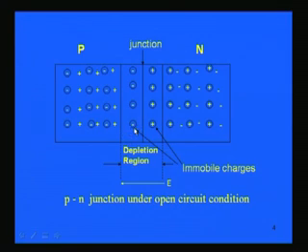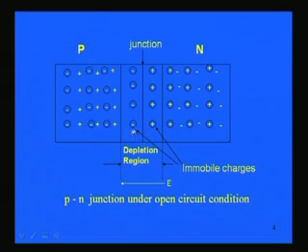Then, because of the recombination of these charges, the acceptor ions on the p side and the donor ions on the n side will now be surfaced out.